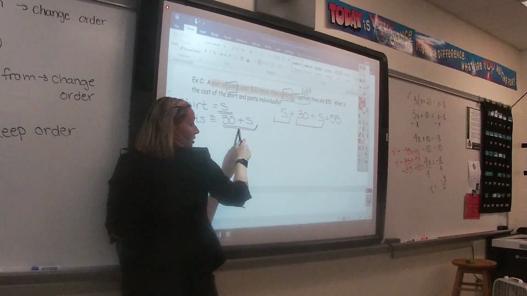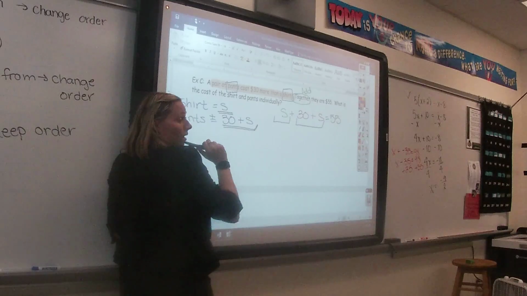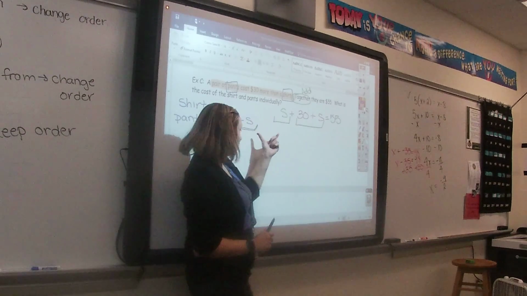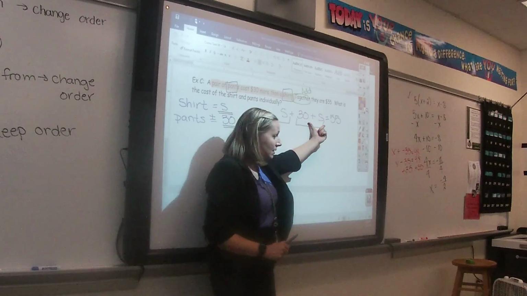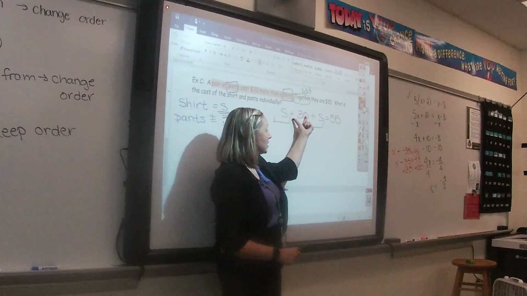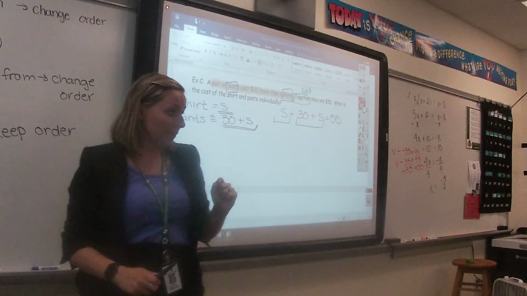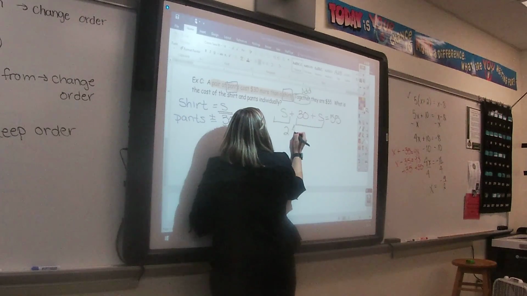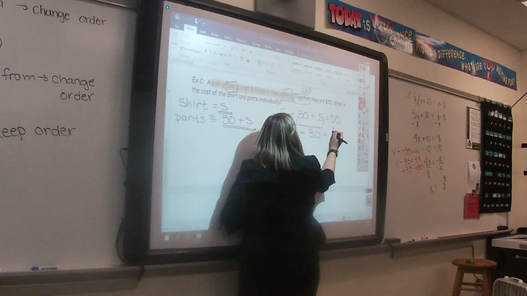My pants are two numbers together, 30 more than. So I need to represent the whole entire expression that is pants and the entire expression that is shirts, and I'm adding them together. Okay, so what is S plus S? 2S. So now we have 2S plus 30 equals 55.